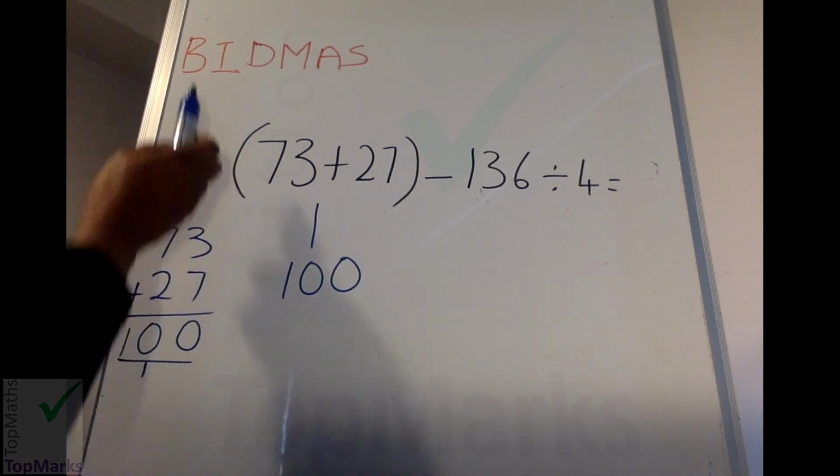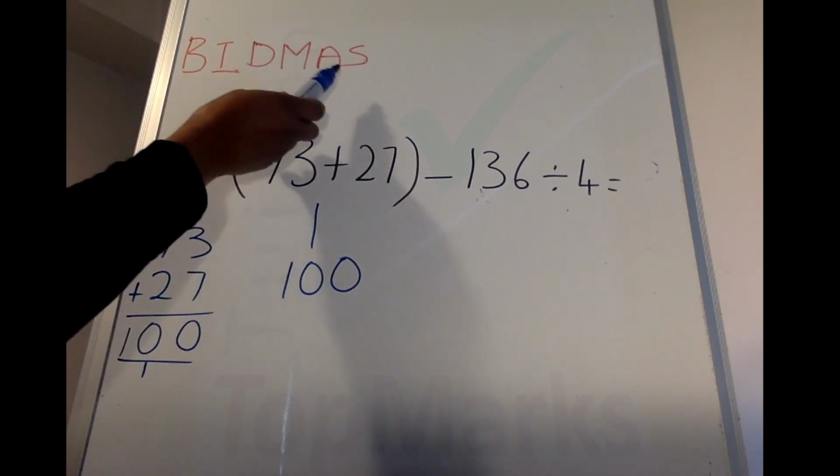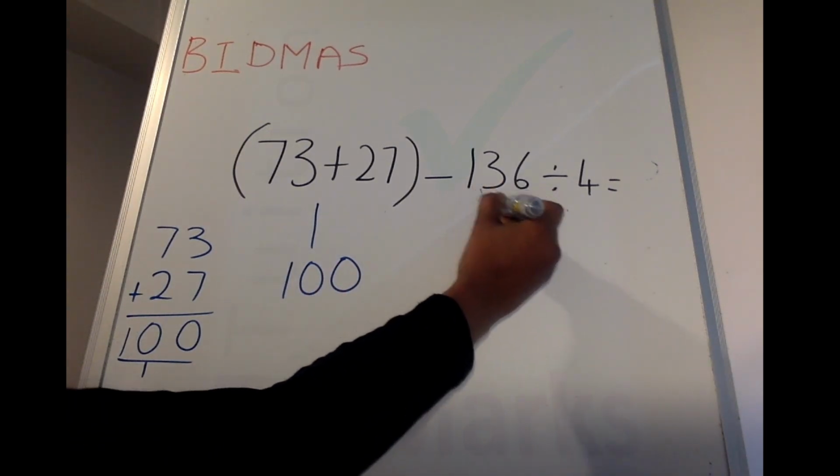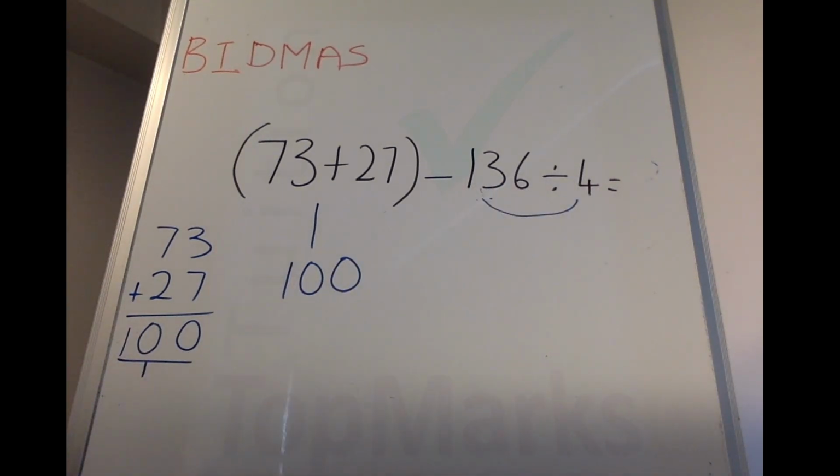BIDMAS tells me that I should do division ahead of subtraction. I can see a division calculation there. Again, I'm going to bring in my knowledge of other topics and concepts in maths to help me carry out 136 divided by 4.